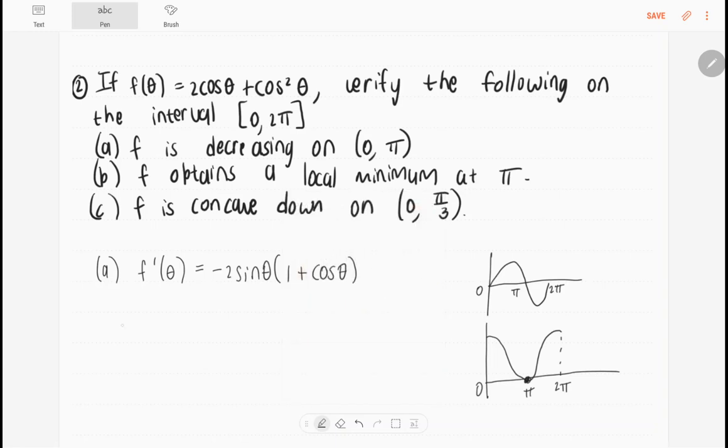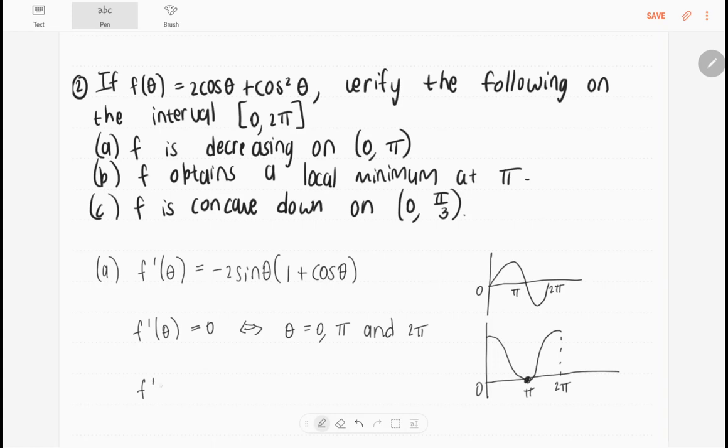So the first thing I'm going to write down is the derivative equals 0 if and only if theta equals 0, pi, and 2 pi.